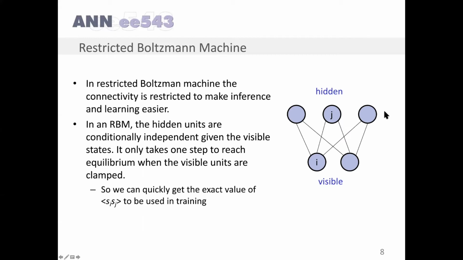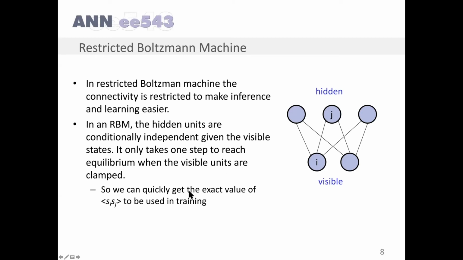In a restricted Boltzmann machine, connectivity is restricted to make inference and learning easier. We have a single hidden layer and a visible layer. There is no connection between the units within the same layer. There's only connection between the visible and hidden layers. In a restricted Boltzmann machine, the hidden units are conditionally independent given the visible state. It only takes one step to reach equilibrium when the visible units are clamped.